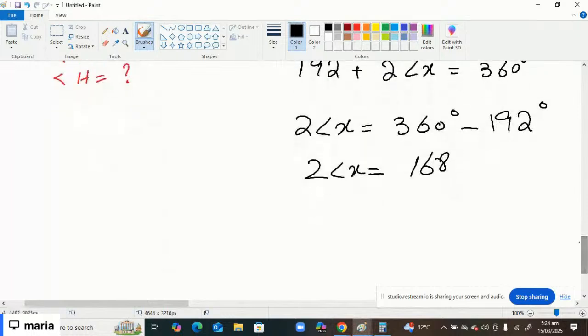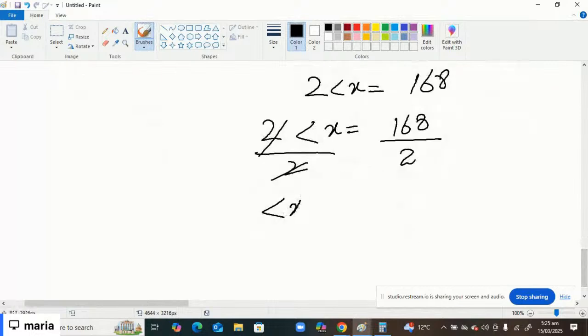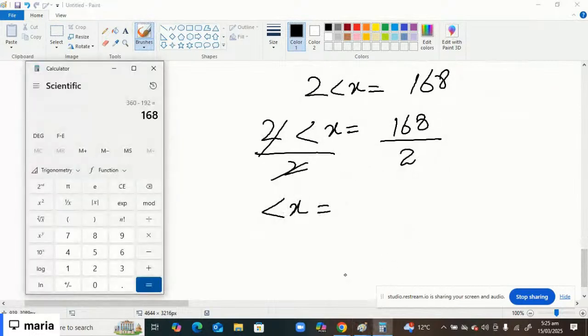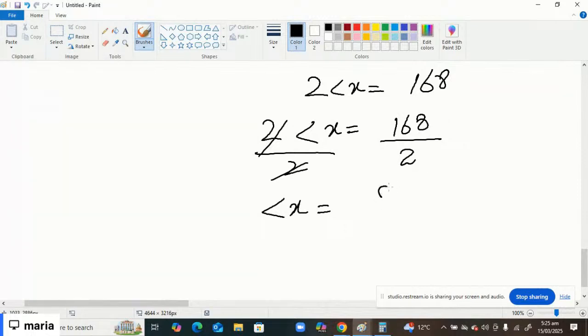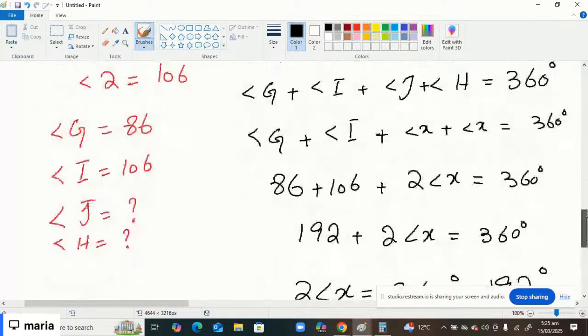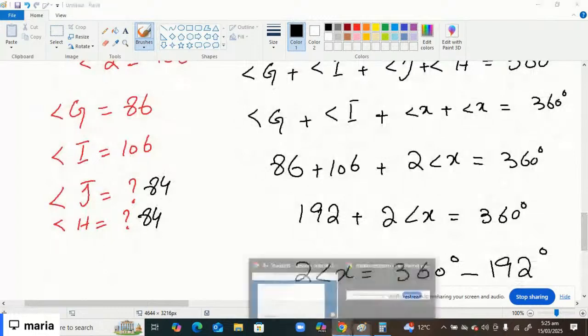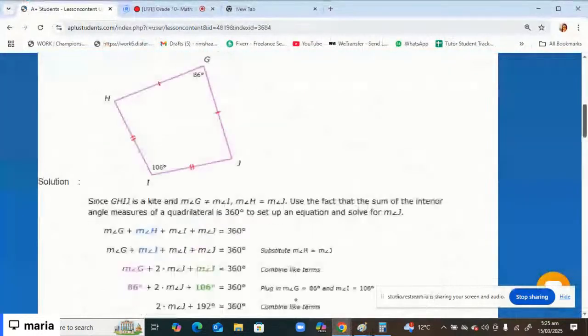This 2 is multiplying with X, so we divide both sides by 2 and it cancels out. 168 divided by 2 is 84. So one angle X is 84, J is 84, H is 84. This is the way that we have done it.